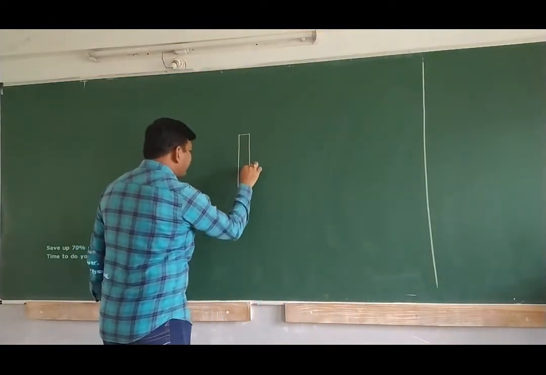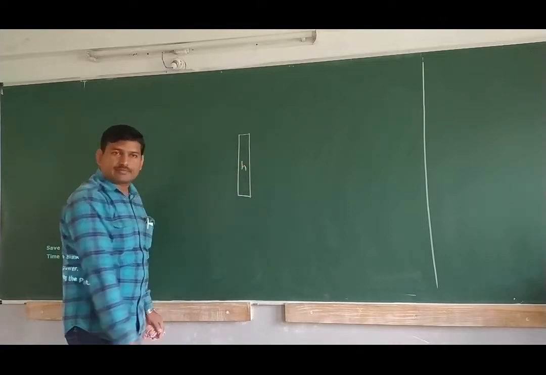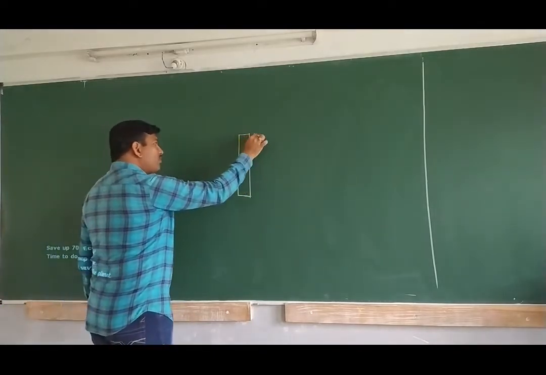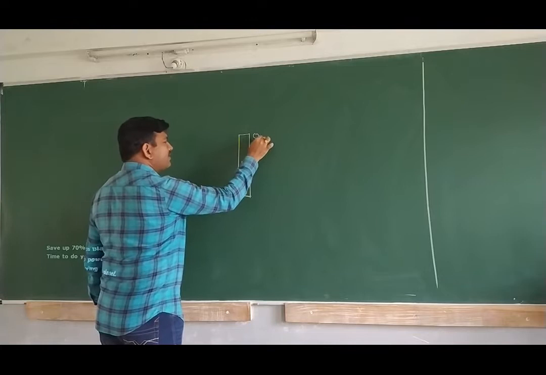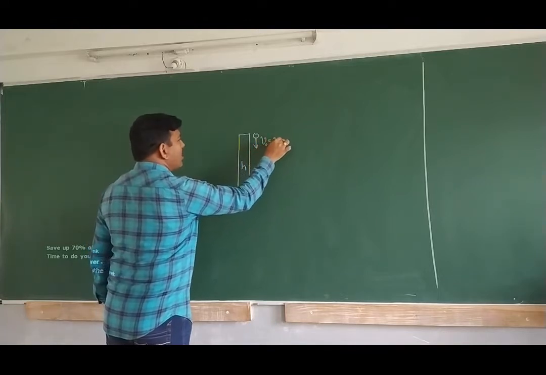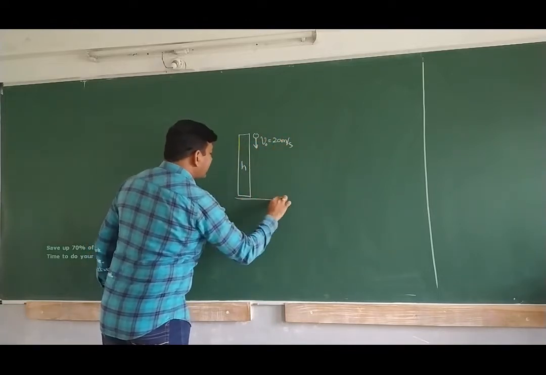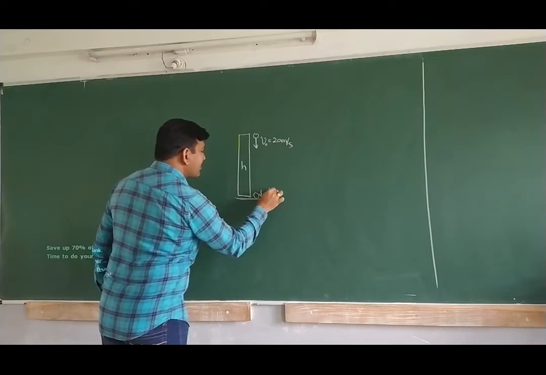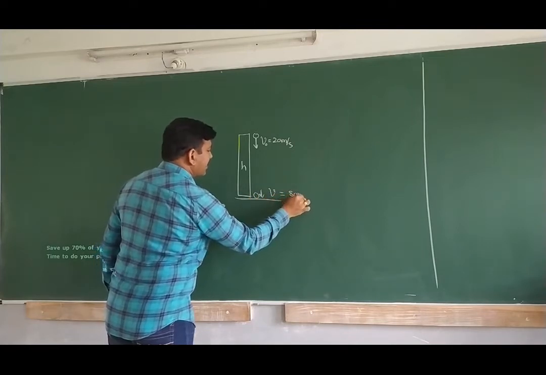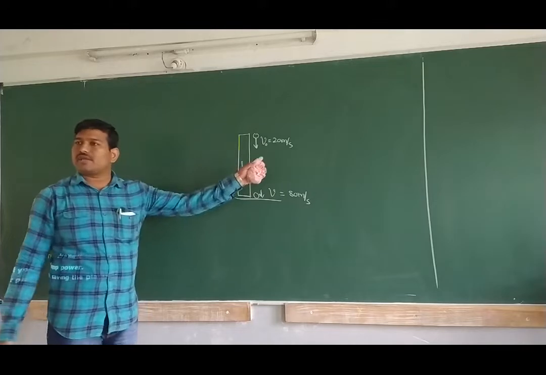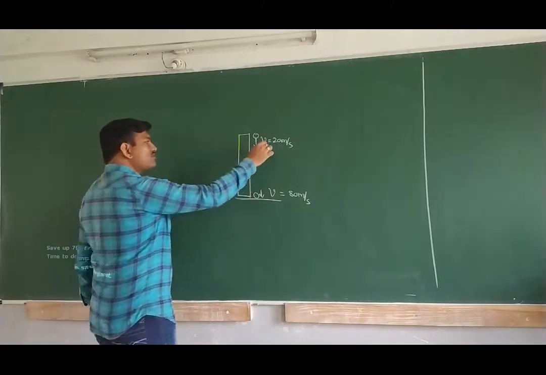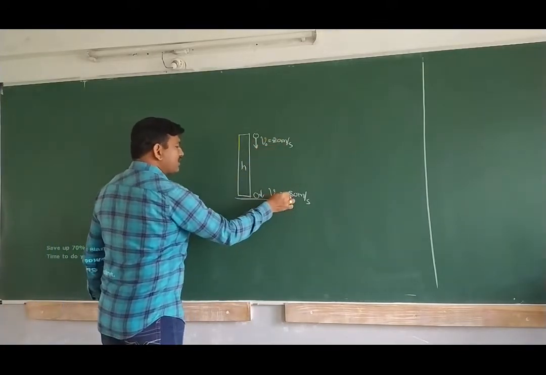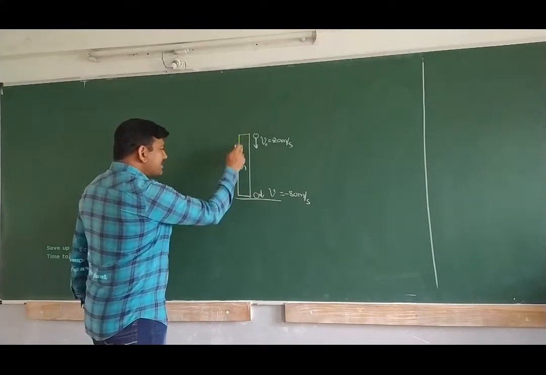I don't know the height of the tower, but from the top of the tower a body is thrown down with initial velocity 20 meters per second, and it reaches the ground with velocity 80 meters per second. Now I know the initial velocity and the final velocity, inclusive of directions, so I would take minus 20 and minus 80. They ask us to calculate the height.